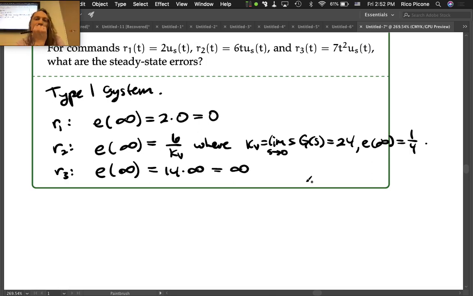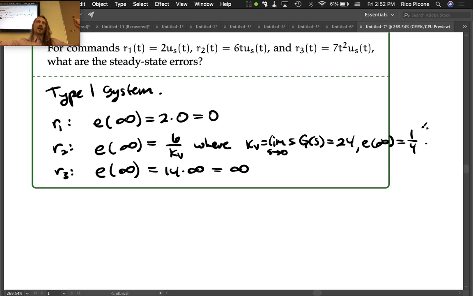Yes? So is the error for R2 25%? It's deceptive. It's actually in the units of whatever your command and your output are. So if your output is in meters per second, you're measuring the feedback in velocity. This is going to be in units of meters per second. So the unit of your error is the same as the unit of your command and the same as the unit of your output.